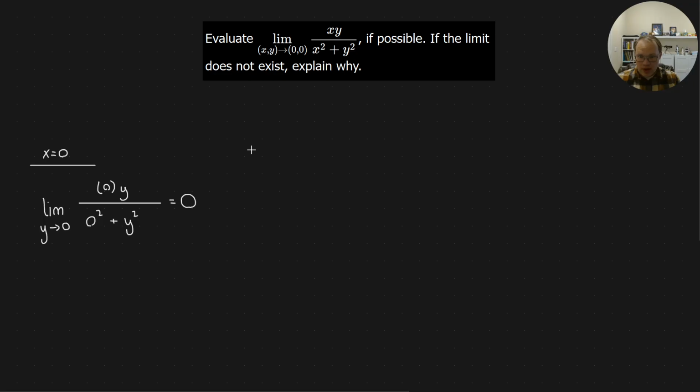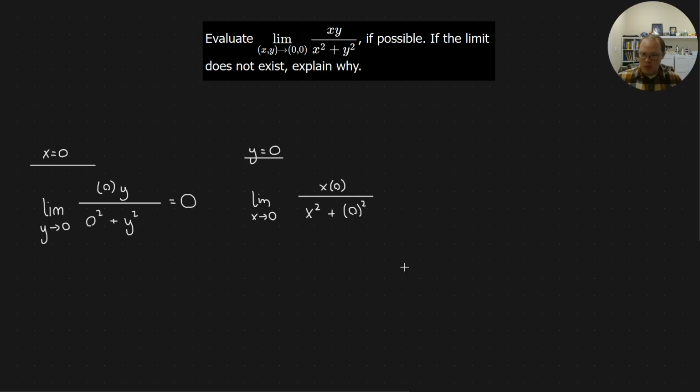Now let's look along the x-axis. Down the x-axis, y has a fixed value of 0. So if we're going down the x-axis, we're letting the x change, and we are interested in letting the x get closer to 0, but we're going to set the y already equal to 0. So we would get x times our y, which we fixed at 0, divided by x squared plus our y squared, which would be 0 squared.